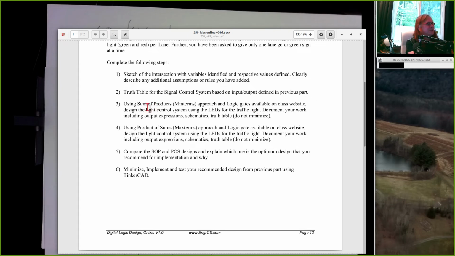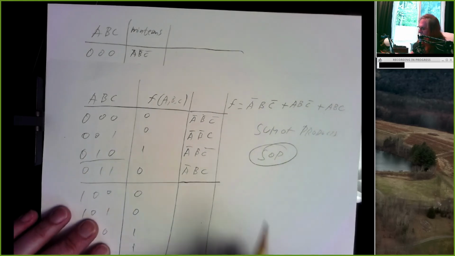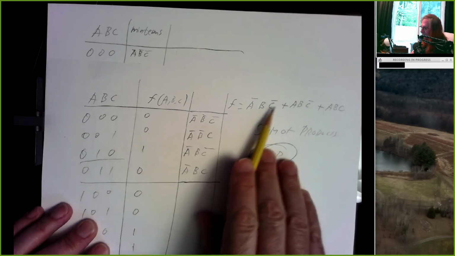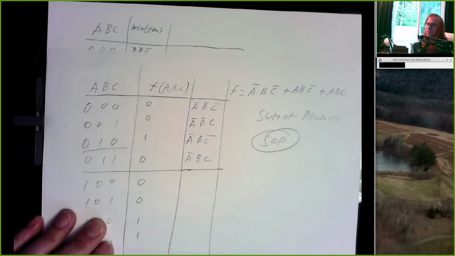So when we talk about using sum of products or a minterms approach, this is all we're talking about. We're saying let's go ahead and write this as a bunch of these product terms, which are called minterms, being summed or ORed together.